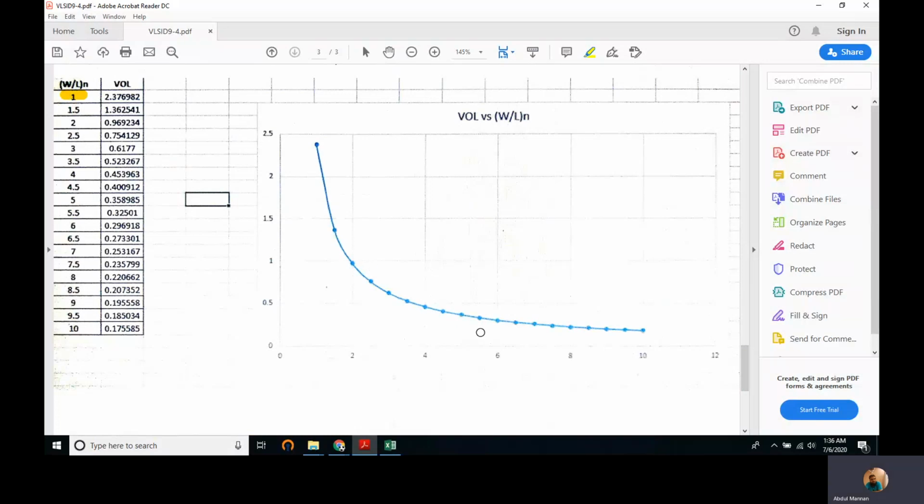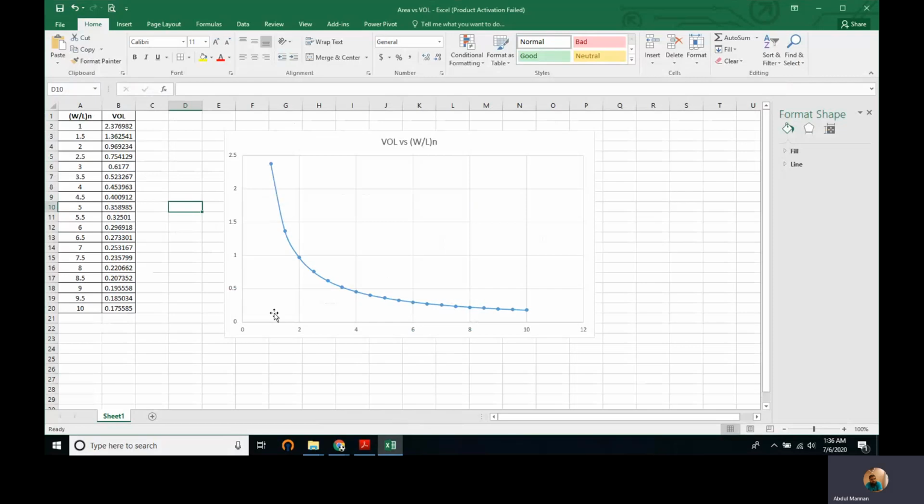And we see that VOL decreases as we increase the aspect ratio of N. You can also play with this file. I will share it on MS Teams as well as in your WhatsApp group.